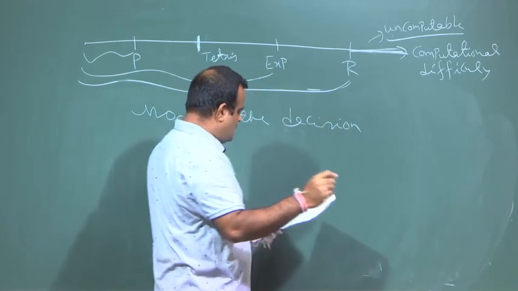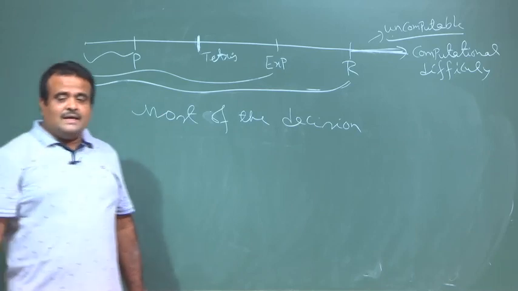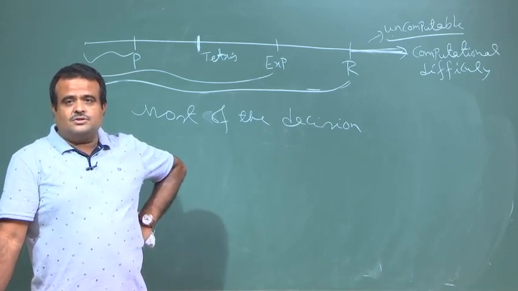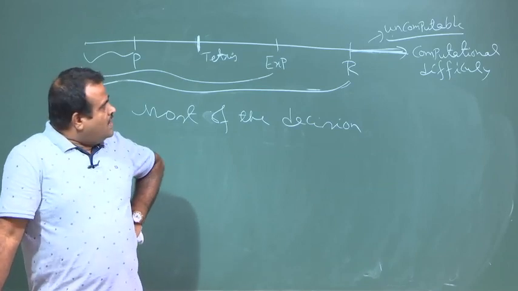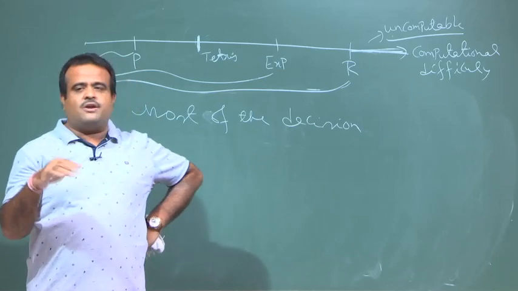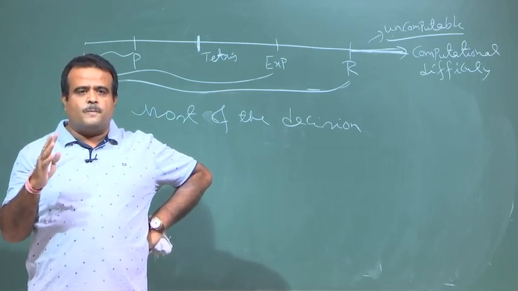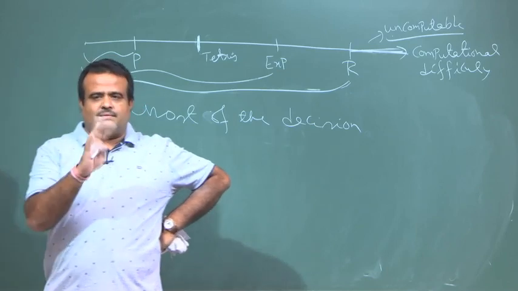We will explain. Like the problem we have discussed, is there any negative weight cycle? The answer is yes or no. So this is a decision problem. Given a computer program, whether it will halt or not, yes or no. So this is called a decision problem. We have two answers, yes or no.